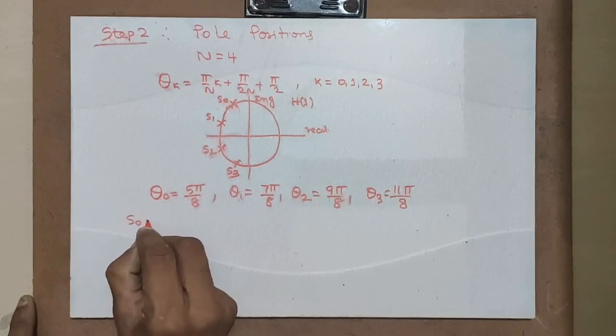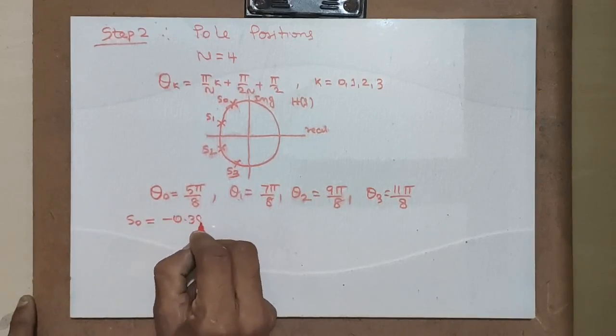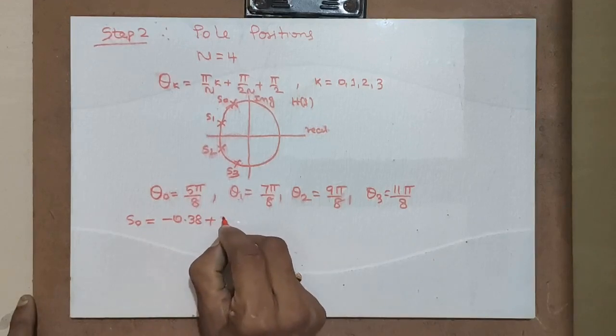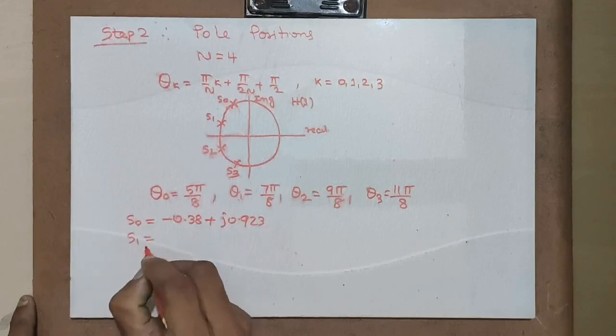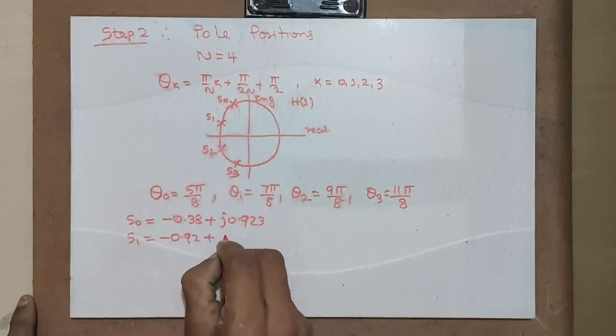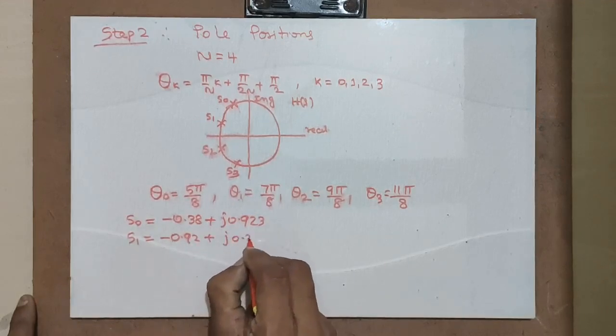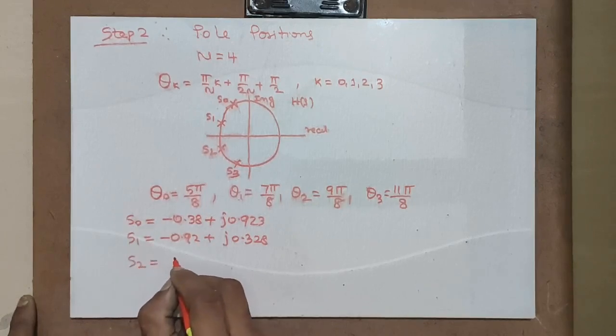Similarly, now S0 is equal to minus 0.38 plus j0.923. S1 is equal to minus 0.92 plus j0.328.